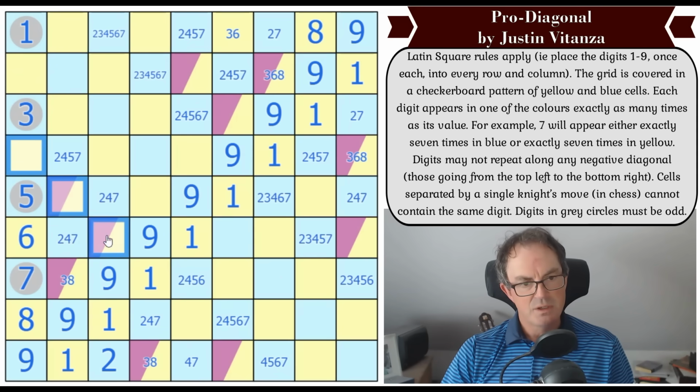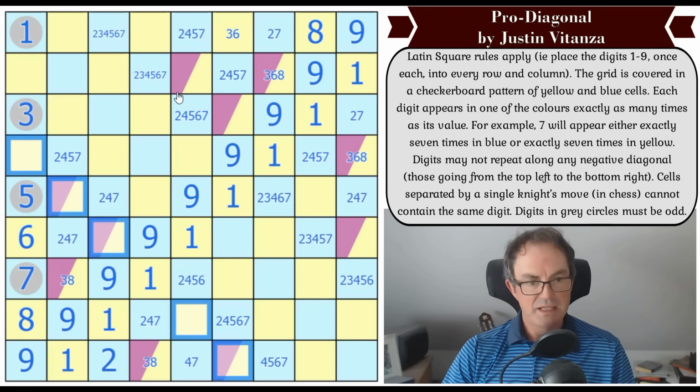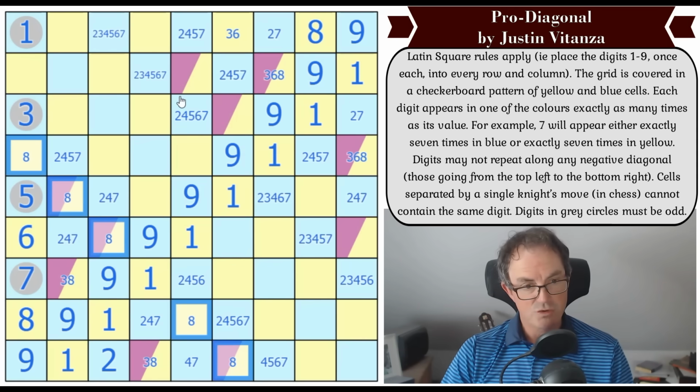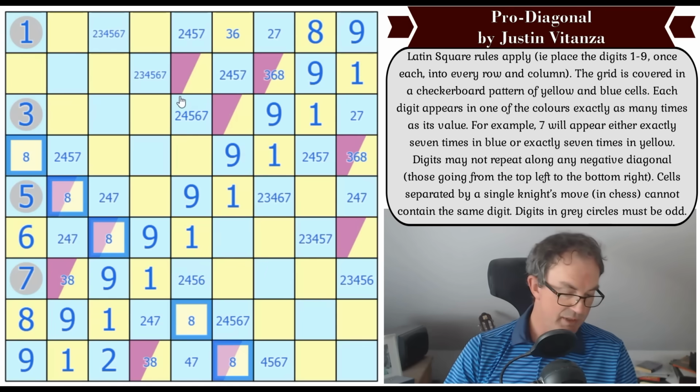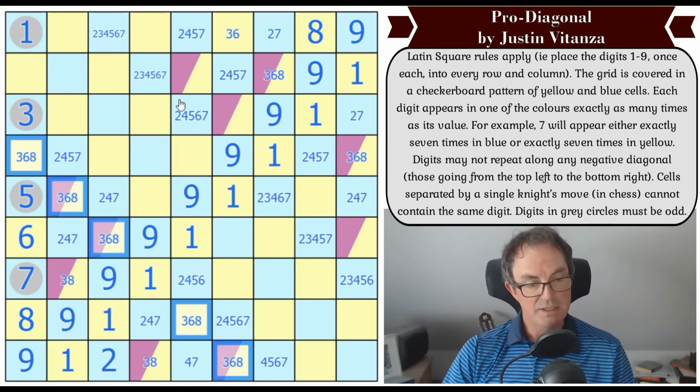So this diagonal has to contain, well, it has to contain an 8 somewhere. That's true. It's already got its 1. It's got to contain the 3 and the 6, and it's got to contain the 4 and the 5. Yeah, so what it doesn't contain is a 2.